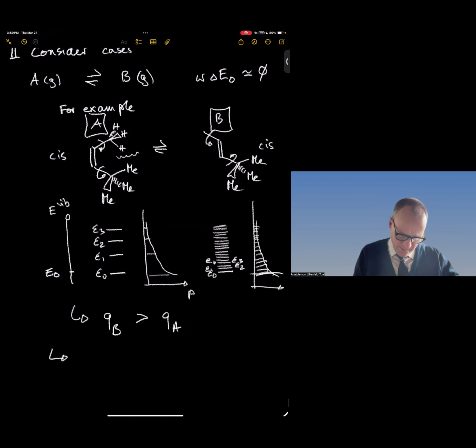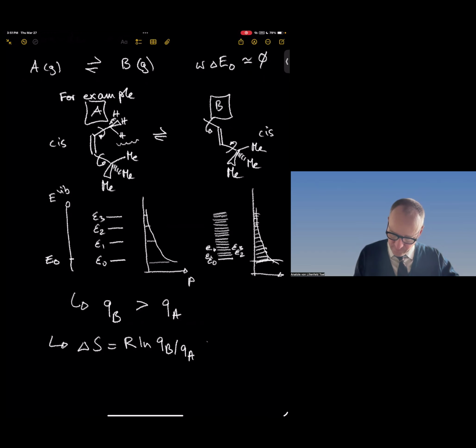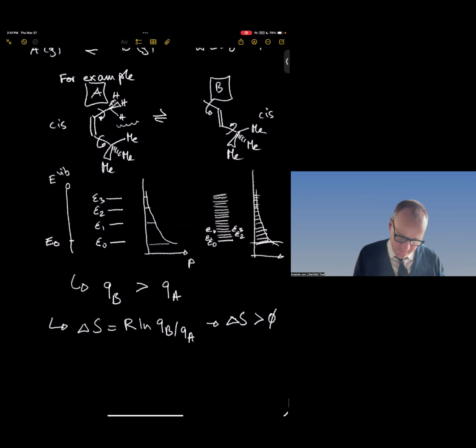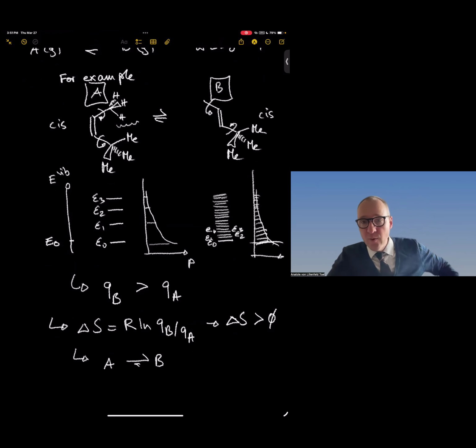So delta S is the logarithm of QB over QA, right? And so delta S is much larger than 0, right? And hence the equation should be written as such, right? You will encounter much more B than A in a mixture of the two.